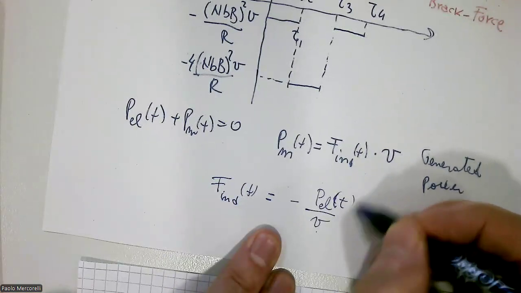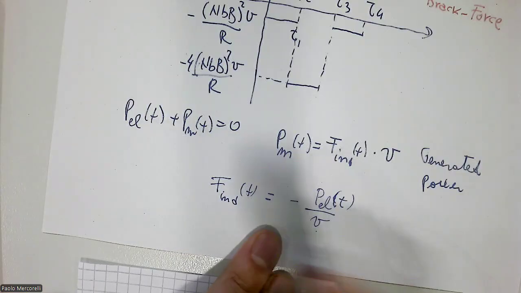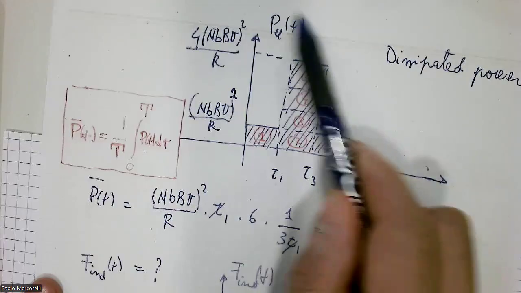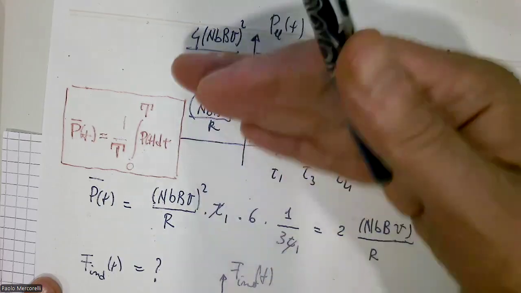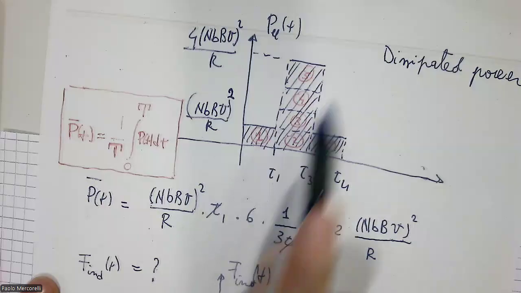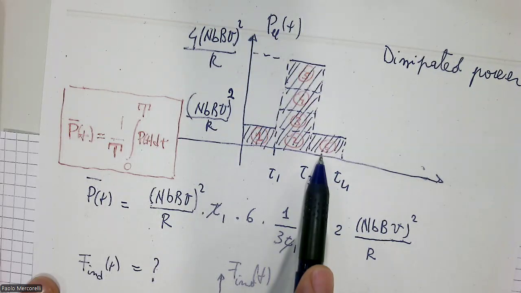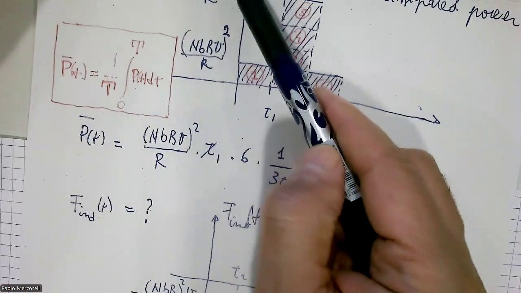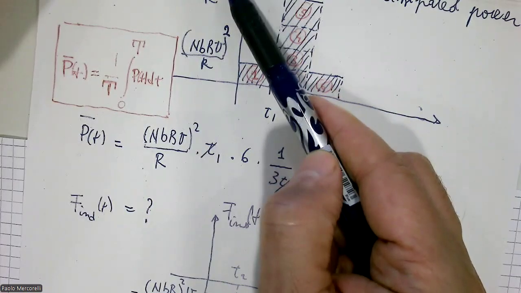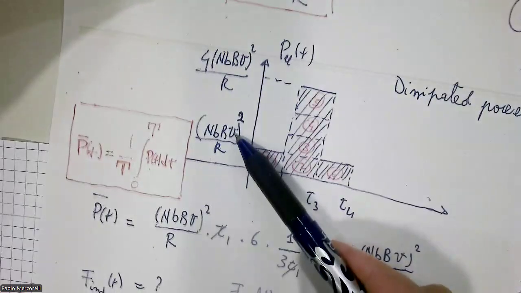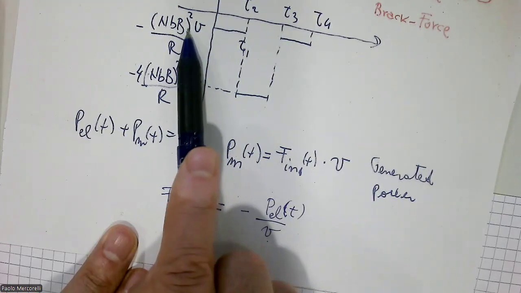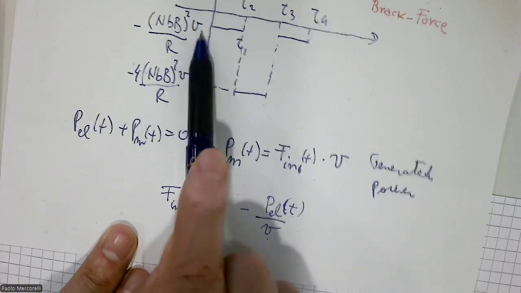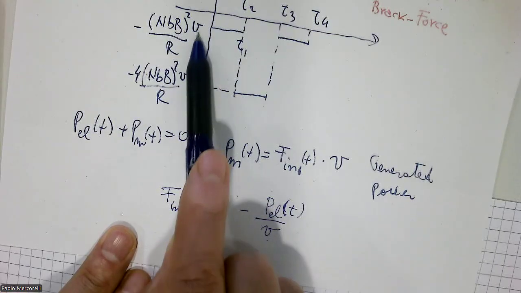If I combine these two expressions, and then look, P electric, we have it. Minus, this means I have to consider the symmetric curve with respect to this axis. And I have to divide by velocity. This means I have to cancel the square of the velocity, here and here. I take out v from the square v, because I cancel the square, but just for v.